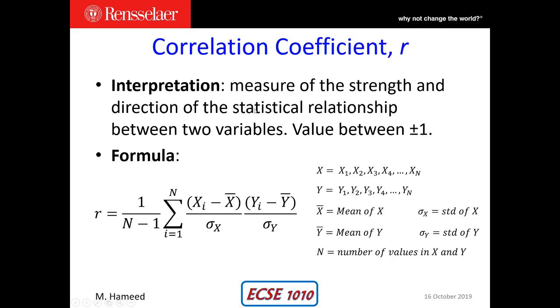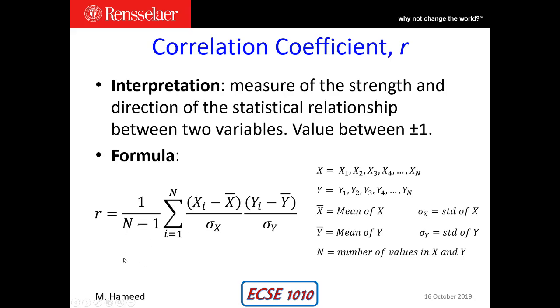If the same two variables x and y are related very strongly, however in the negative direction, meaning that if one is increasing, the other one is consistently decreasing, then it will give us a value close to -1. And if the two variables are unrelated, which means that the relationship between them is very weak, then it will be a value which is very close to 0. So that's how we are going to use the correlation coefficient to indicate relationship between two variables.